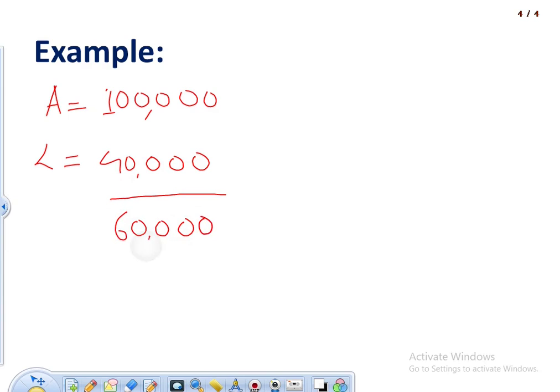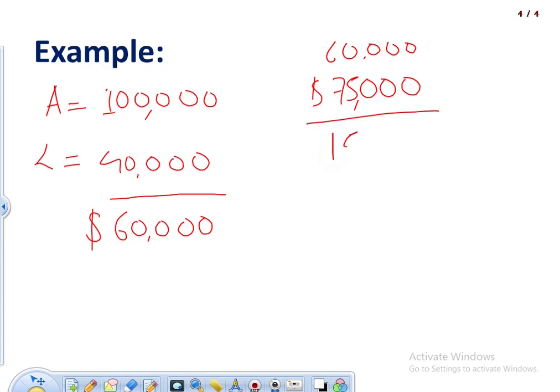So we can say this is the book value of the business. But now in this case, if we purchase this business, then the business would demand some extra money over the 60,000. So if we are paying them, let's say, 75,000, then this 15,000 extra that I'm paying is the amount of goodwill.